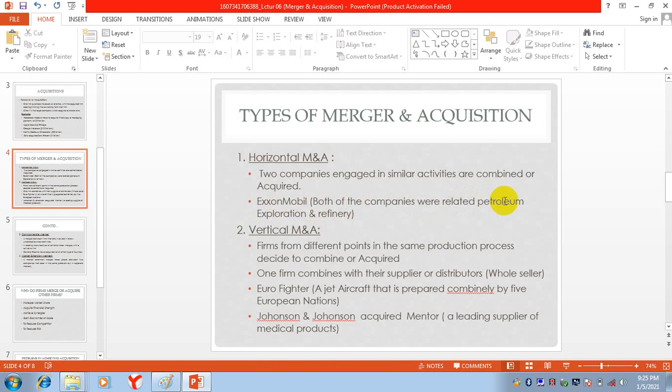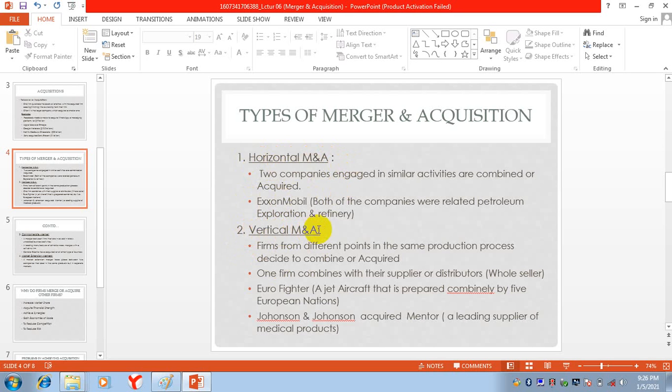Both were related to petroleum exploration and refinery. So they come together. This type of business is called horizontal merger and acquisition. If it is merger, it will be called horizontal merger, and if it is acquisition, it will be called horizontal acquisition. Since it was a merger, it will be ExxonMobil, a horizontal merger.